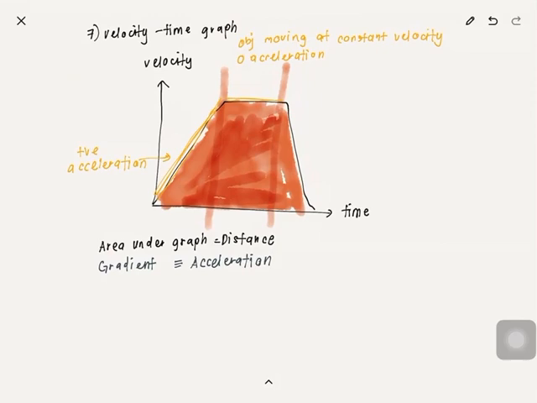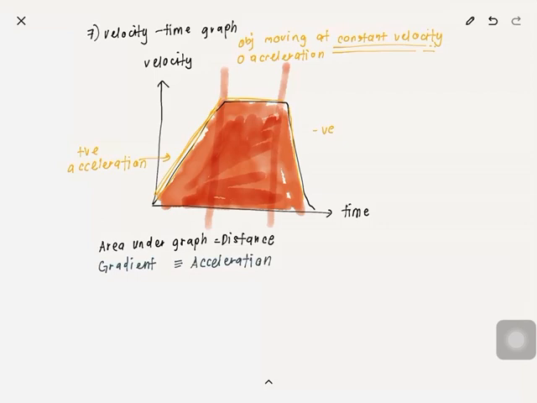But for a velocity time graph, if there's a horizontal line, the object is moving at constant velocity. Sometimes they like to trap you like this in questions, so just be careful to differentiate between the velocity time graph and the displacement time graph.